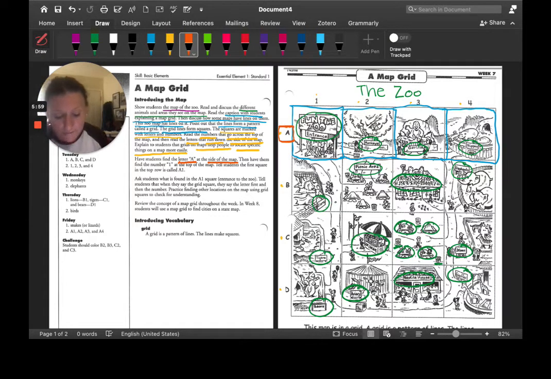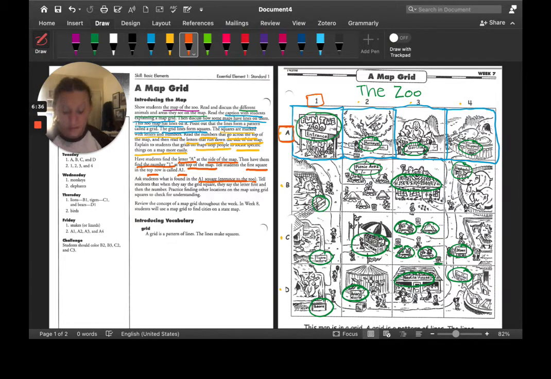And then we're going to go and look for the number 1 at the top of this map. So let's put a box around that as well. All right, so the first square in the top row is called A1. And so A1 shows the box for the entrance to the zoo.